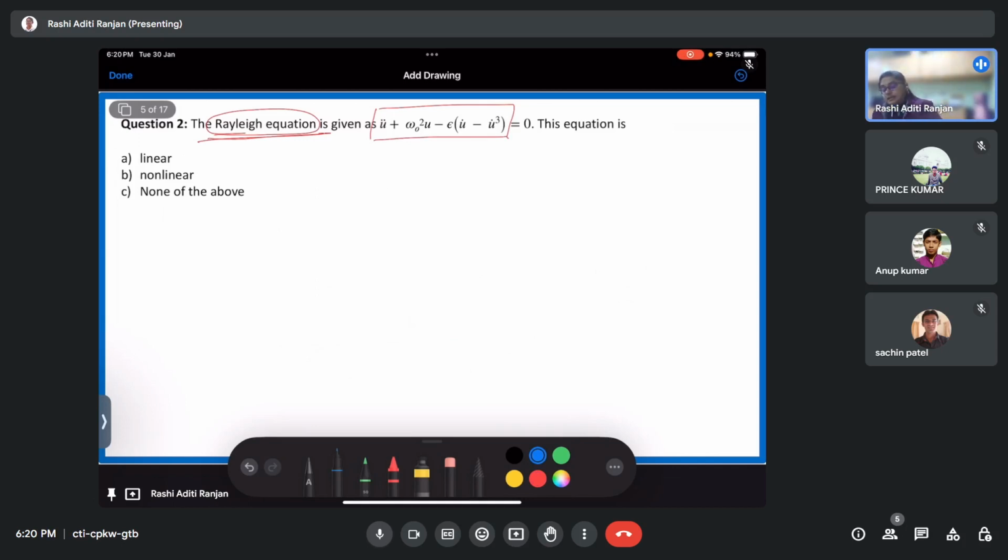As discussed in the lecture, there are two ways of knowing whether a given equation is linear or nonlinear. Basically it has to satisfy the superposition principle, right?